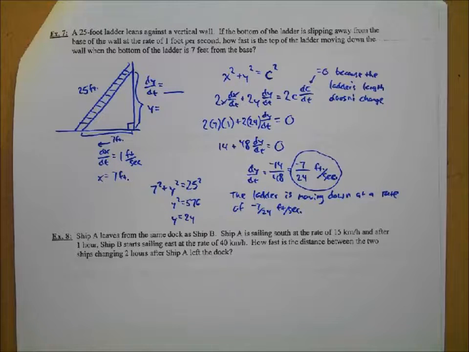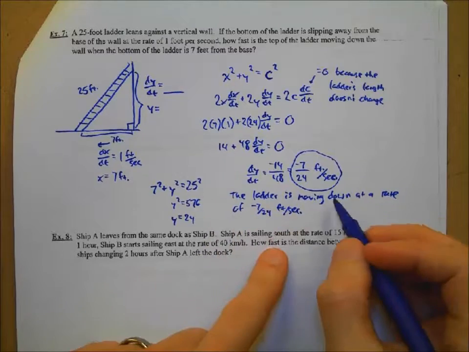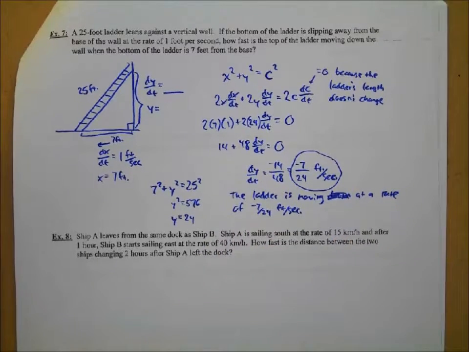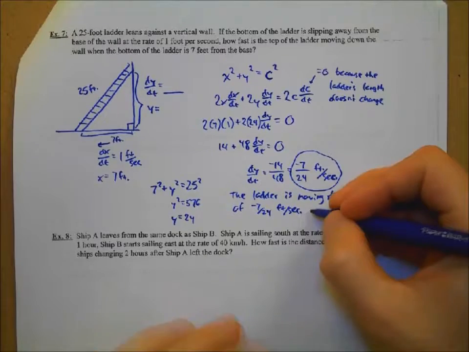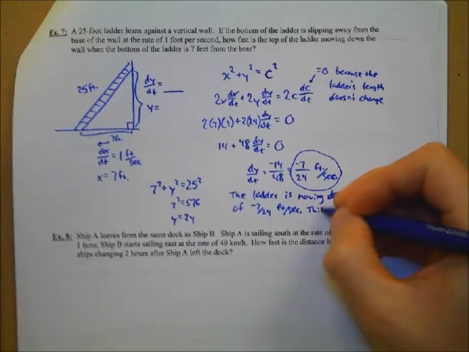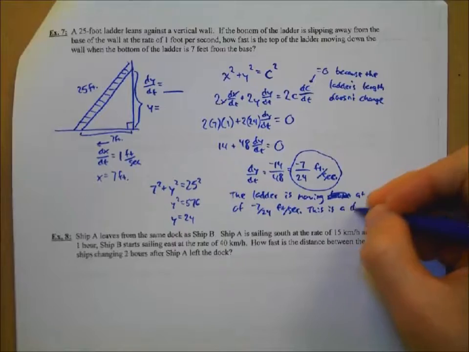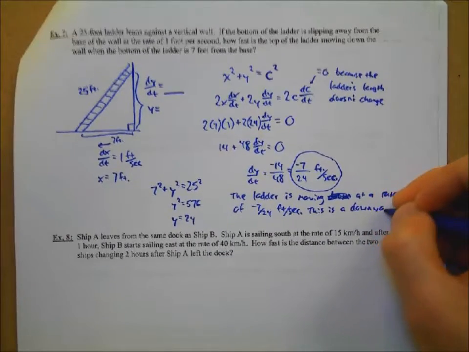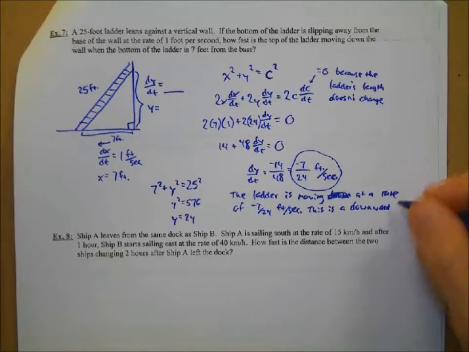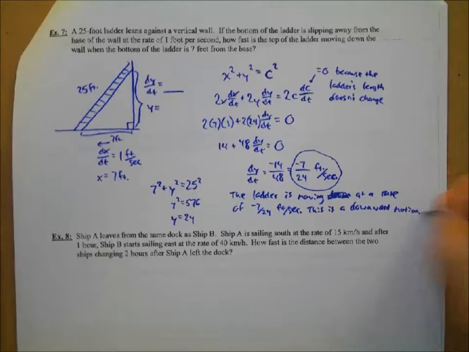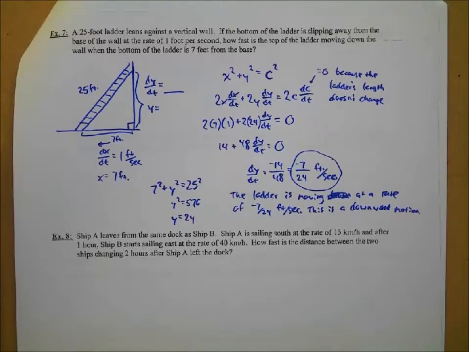So ways you can get around that is you can just say the ladder is moving at a rate of negative 7/24 feet per second, and you could then say this is a downward motion or something like that. Just be careful about saying what you mean.